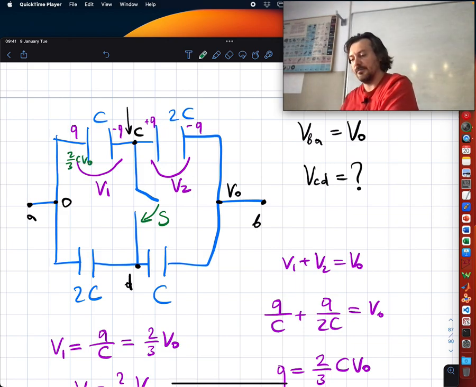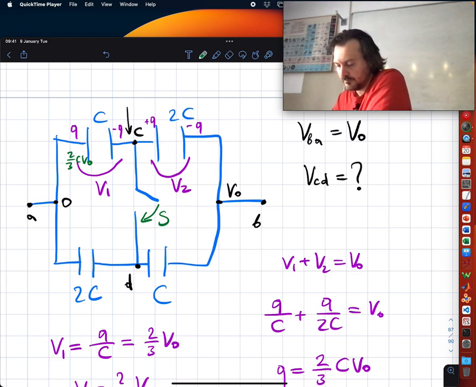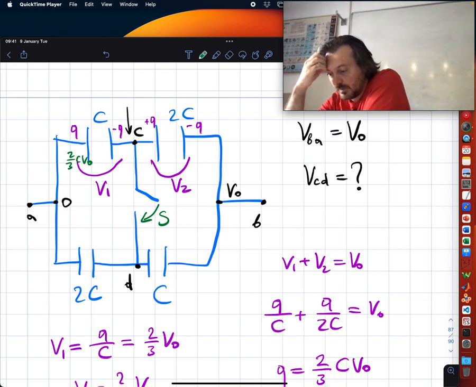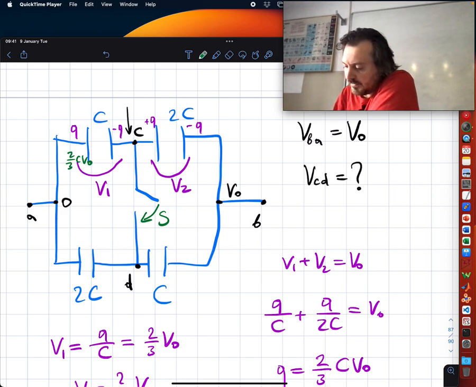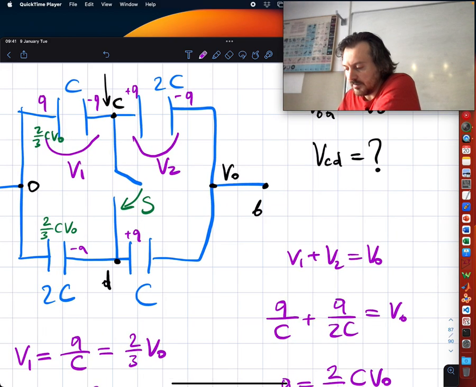It's before. So I have minus Q here, plus Q here. Why did I do this? Because I was wondering whether there was a charge balance there or not.